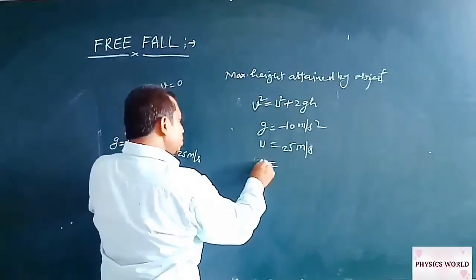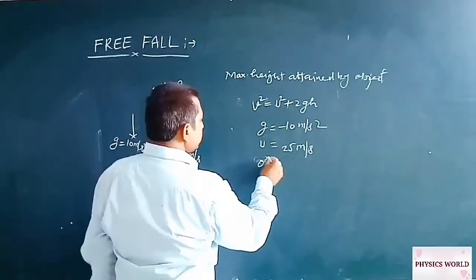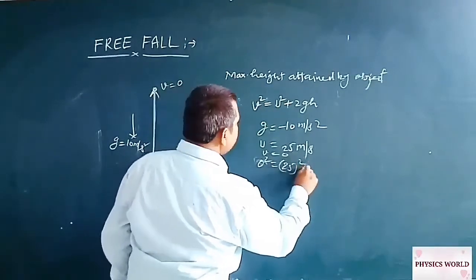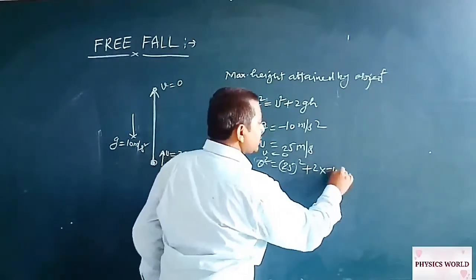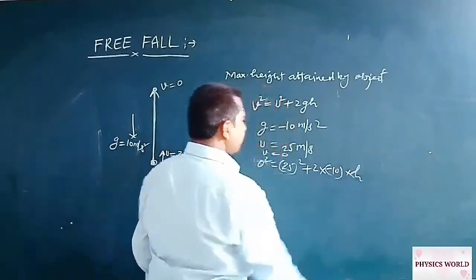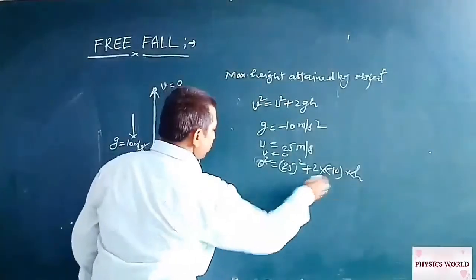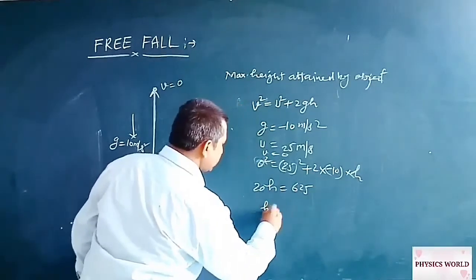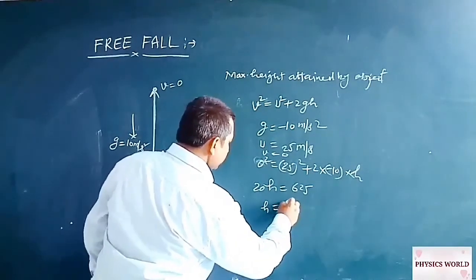So we get v as 0, so 0 square equal to 25 square plus twice of minus 10 into h. So from here we got minus 20h, so it becomes plus 20h equal to 625.